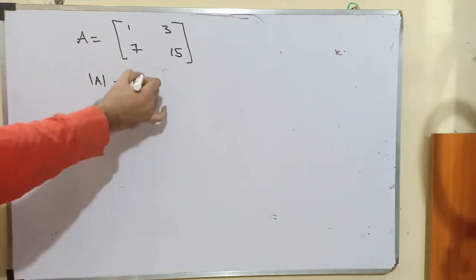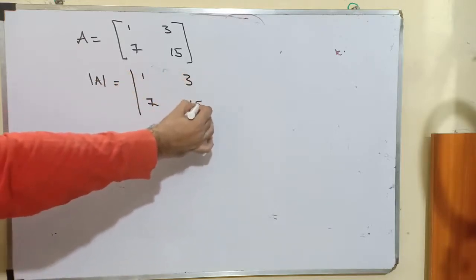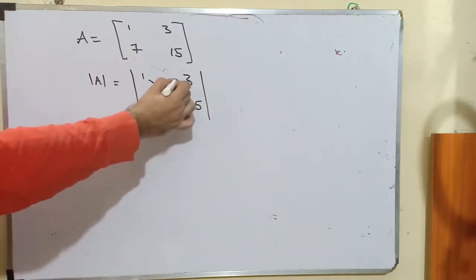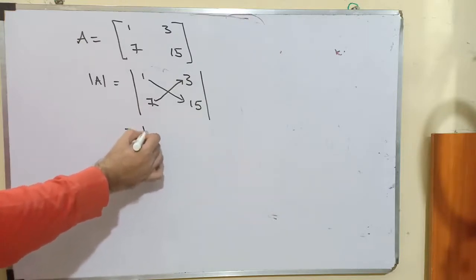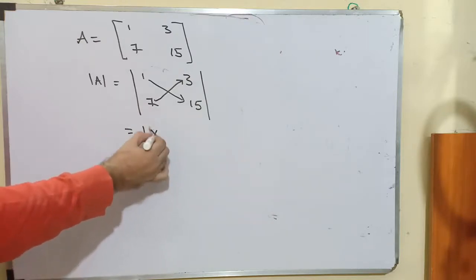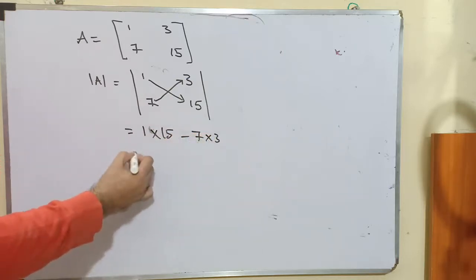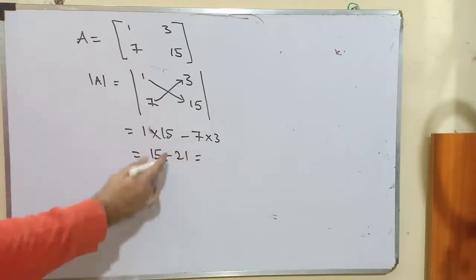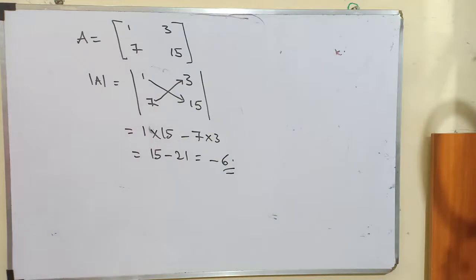We'll write 1, 3, 7, 15 in bars, and as I said, AD minus BC. So that is 1 into 15, I'll write in steps, minus 7 times 3. So that is 15 minus 21, since 7 times 3 is 21. 15 minus 21 is minus 6. So this is how one can calculate the determinant.